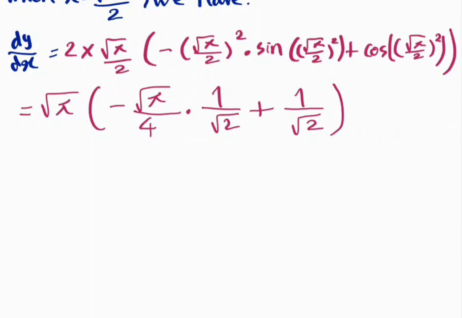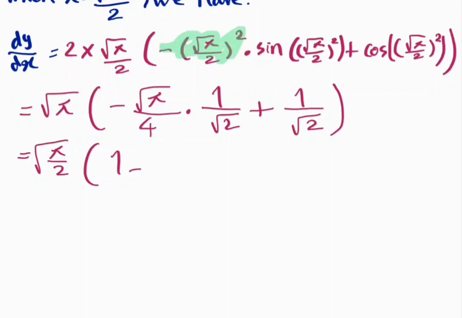We'd better take a factor of 1 over root 2 out, because that helps us have a simpler expression inside the bracket. So if you take a factor of 1 over root 2 out, we will get root pi over 2 times 1 minus... sorry, I just made another error.